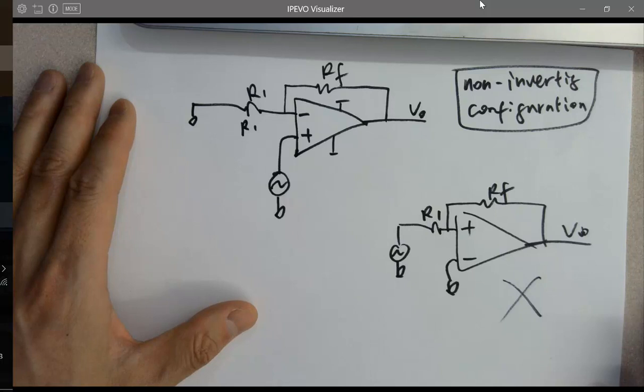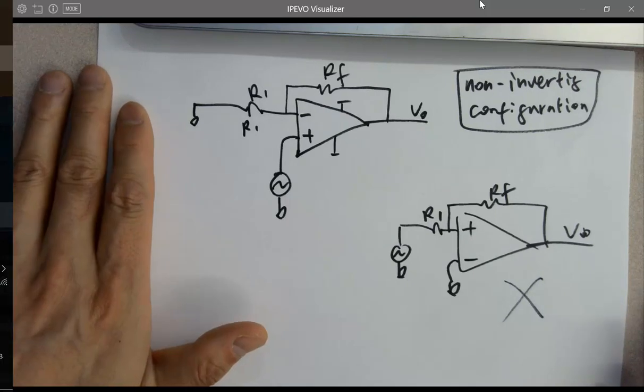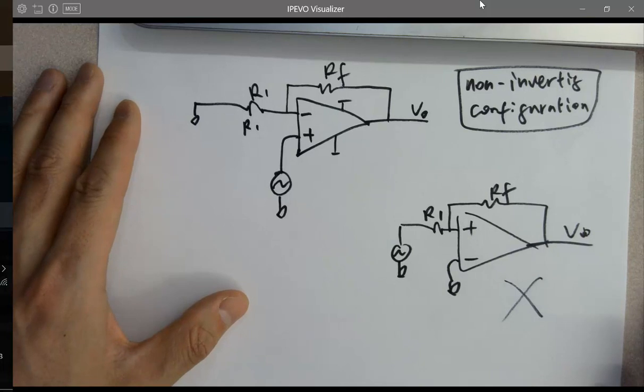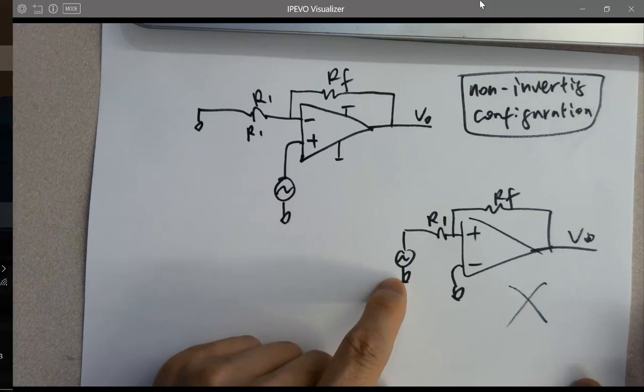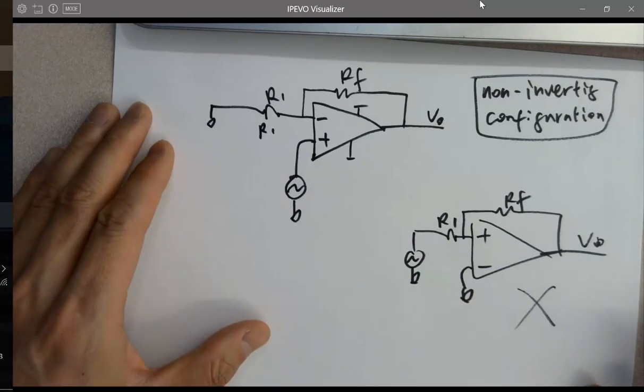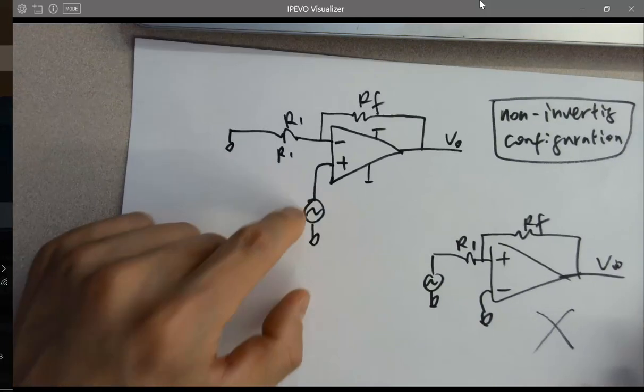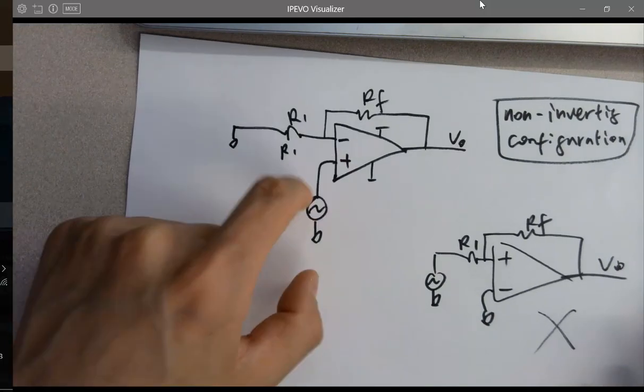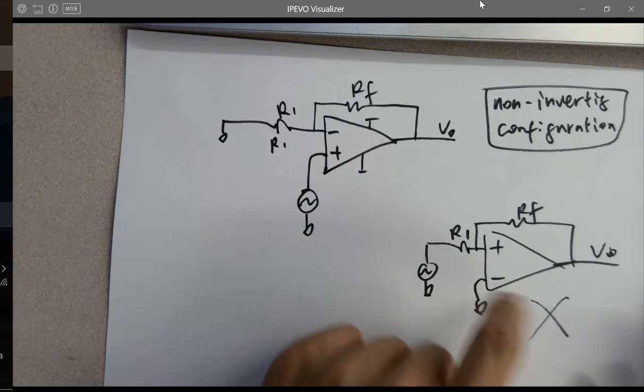What's the difference? I want to feed the signal to the non-inverting terminal, so this is a non-inverting topology. And this is also feeding the signal to the non-inverting terminal. It's also a non-inverting topology. Why is this wrong?